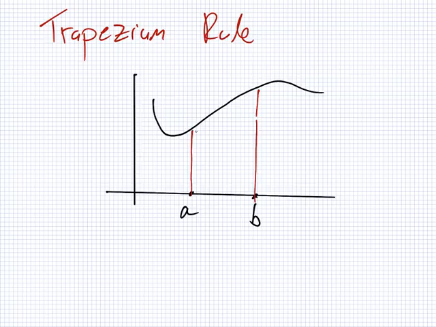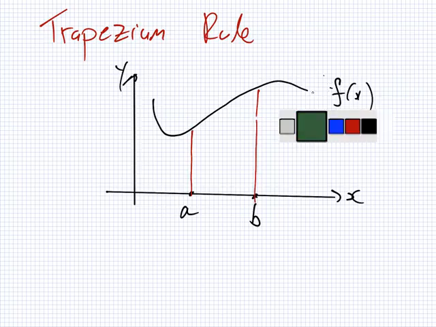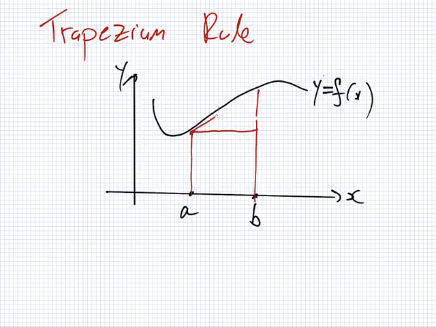Let's call this f(x), y equals f(x). It's not perfect, but what we could do is draw a rectangle, and draw a triangle, and calculate the area of these two shapes. Like this. You understand? Yeah?